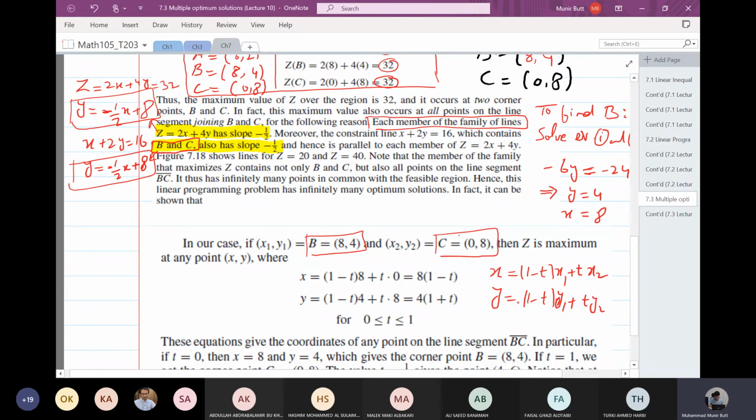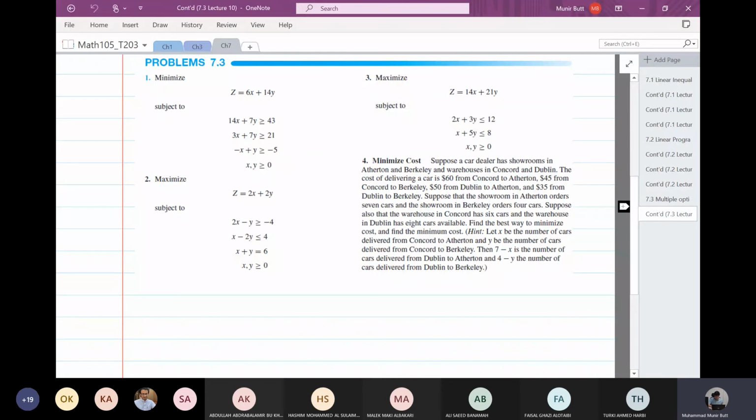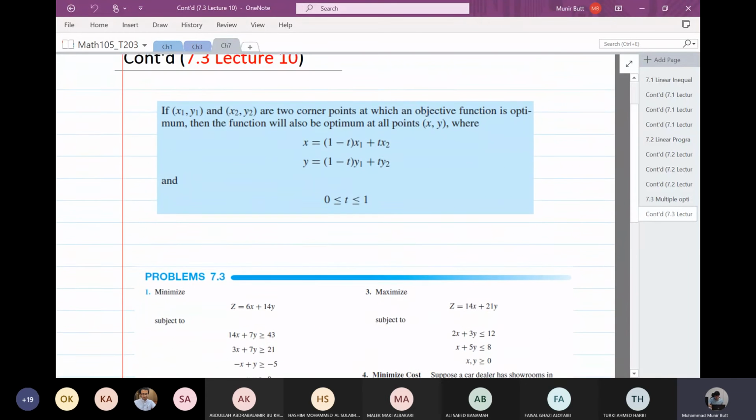So this xy is the set of points for which the value of the function will remain the same. And this is written here in detail.